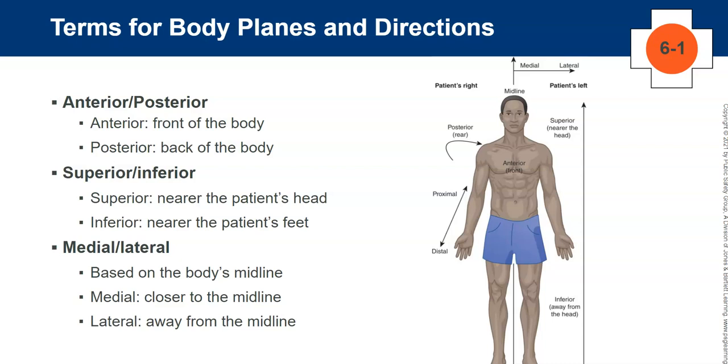If I was to slice the body into a top and a bottom through the hips, we would say superior, closer to the head, and inferior toward the feet. Finally, right down the midline, we can describe things as being close to the midline, medial, or lateral, being farther away.